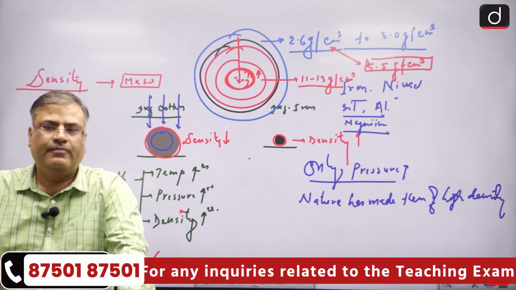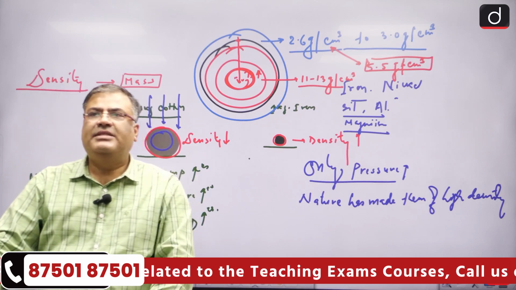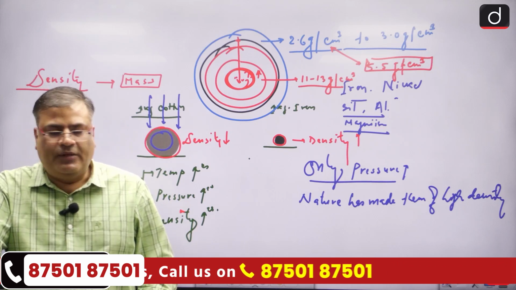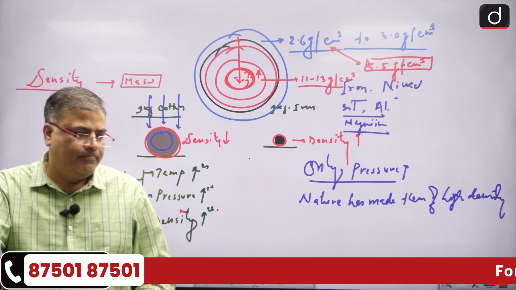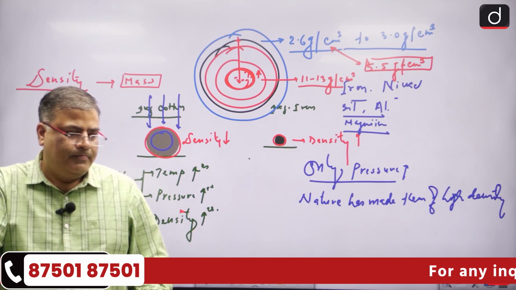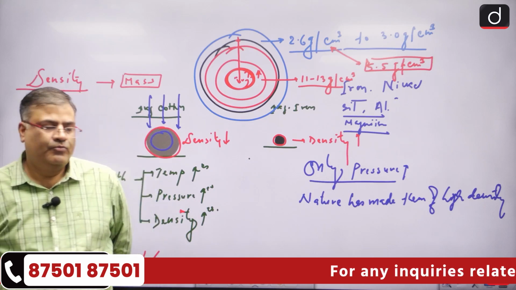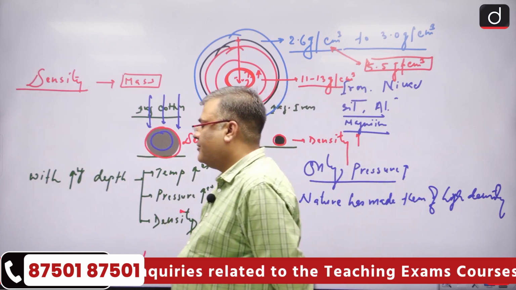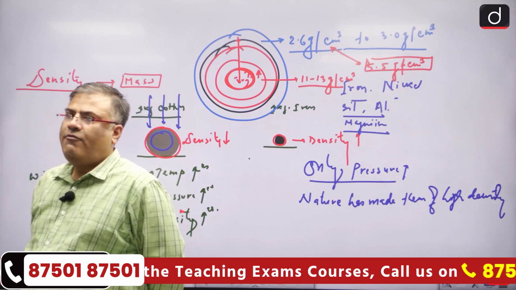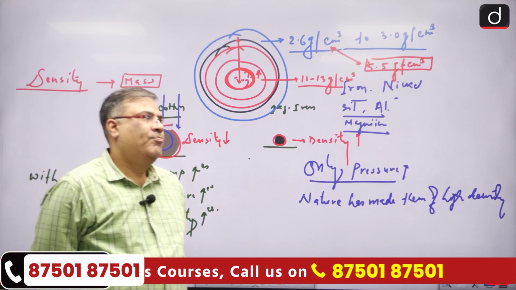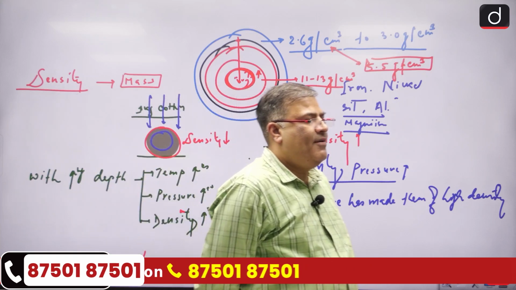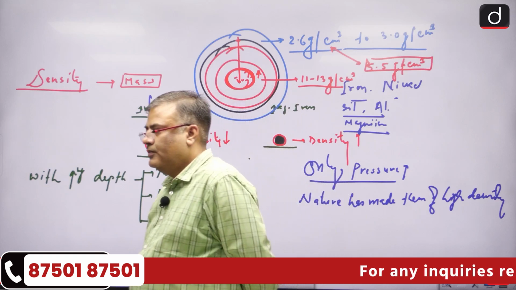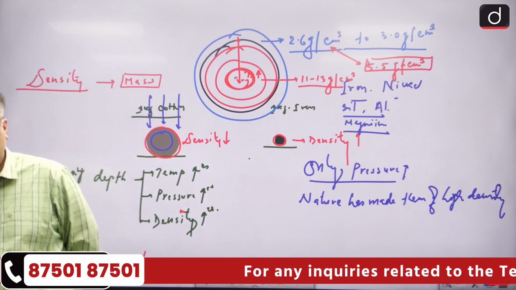but the average density of the Earth by using satellites comes as 5.5 gram per cubic centimeter, and a little more.